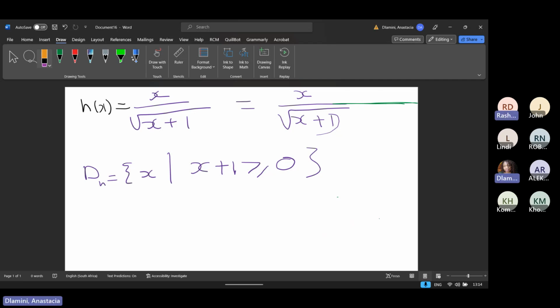Guys, what is not right there? Look at your function and tell me what it is. It sounds right, but something is missing. There's a restriction, maybe when you say x must not equal -1. No, before that.